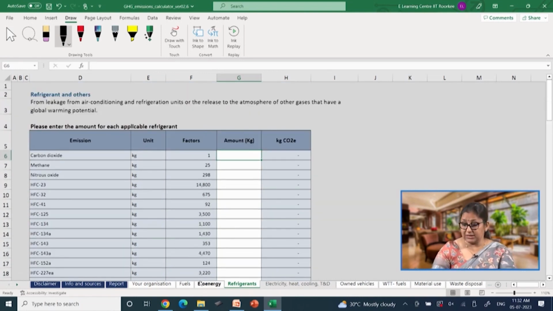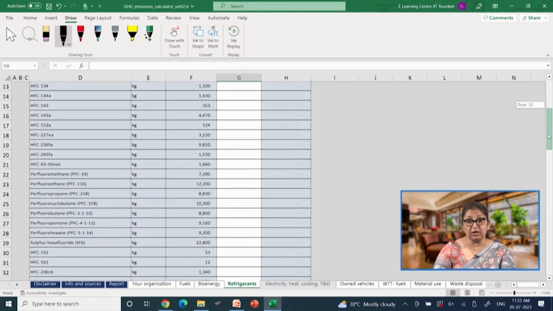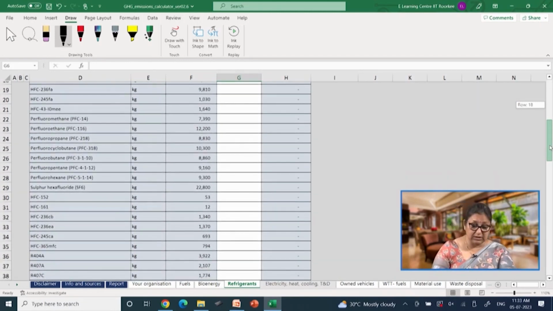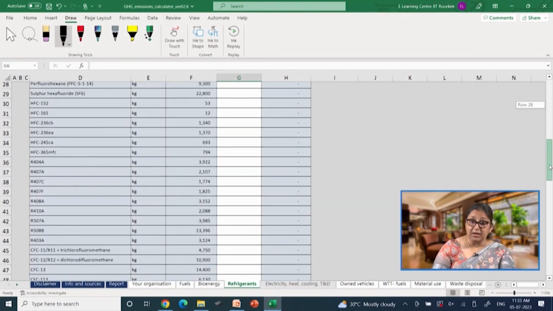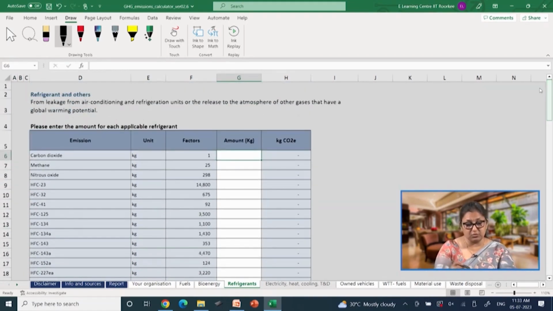We did discuss in the initial lectures the potential of these refrigerants, these HFCs or the other refrigerants, in causing global warming. So, we have compared to 1 unit of carbon dioxide.